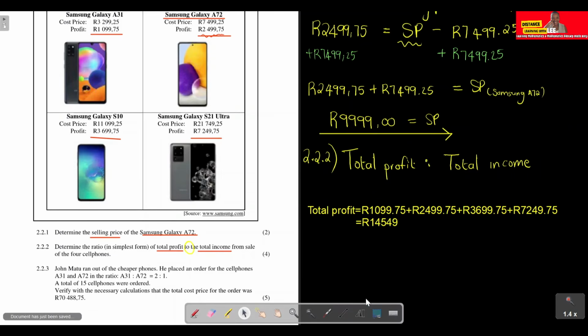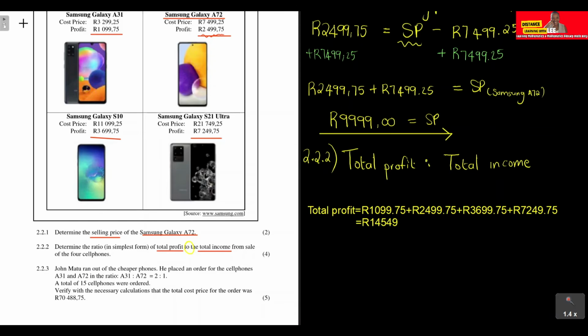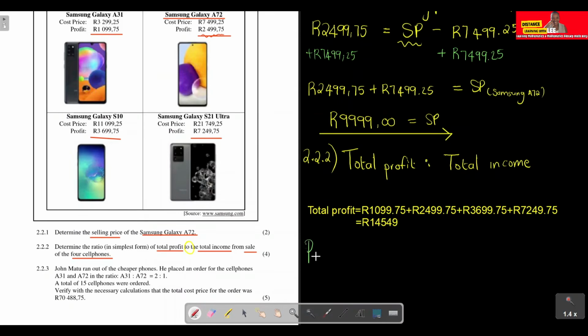However, guys, we are not done. We still need to determine the total income. What is the total income that John Matu gets from selling the 4 phones? How do we determine income? Guys, remember when we started this video tutorial, I explained that to get the profit, we take your selling price and minus your cost price.